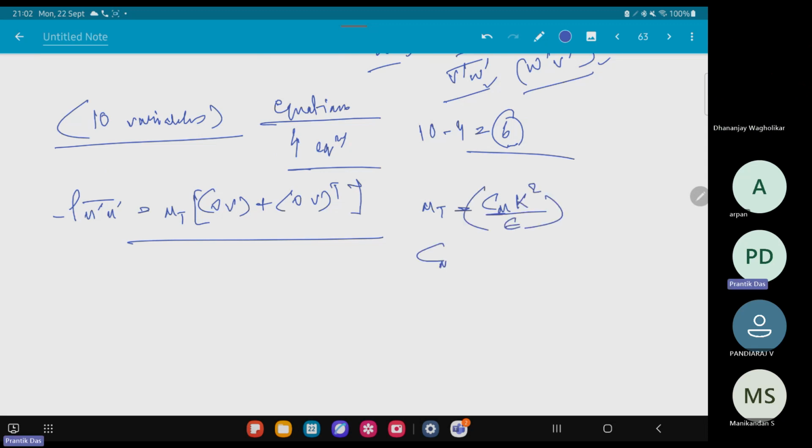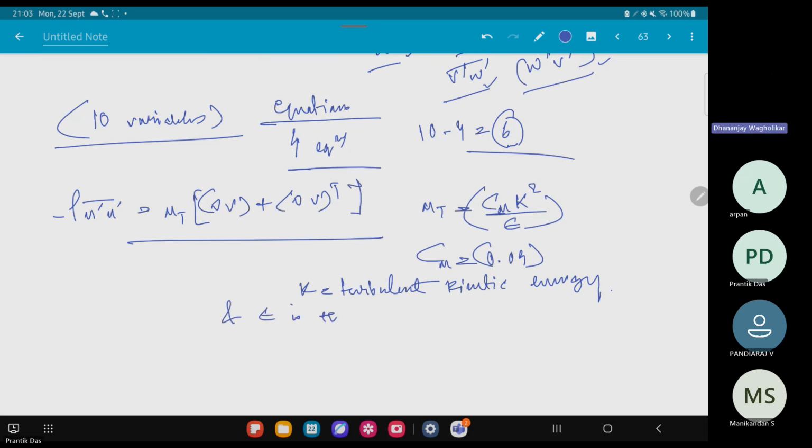C mu is equal to 0.09. K is the turbulent kinetic energy, and epsilon is the rate of dissipation of turbulent kinetic energy.